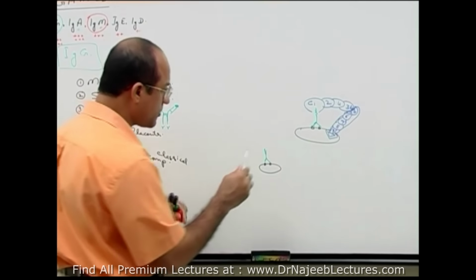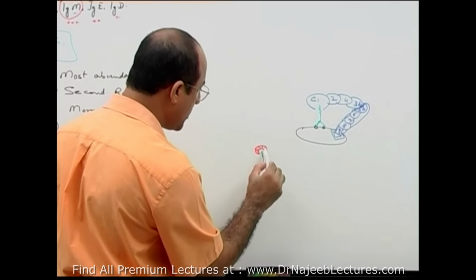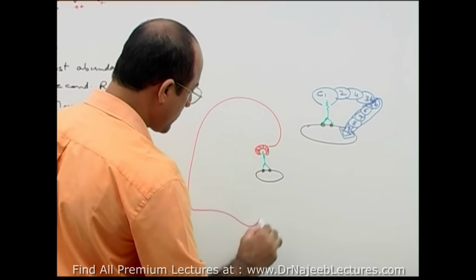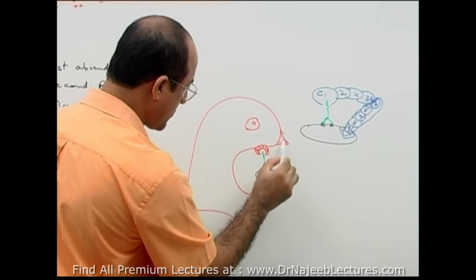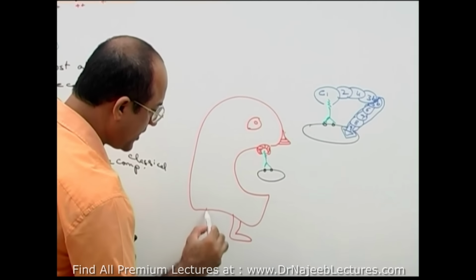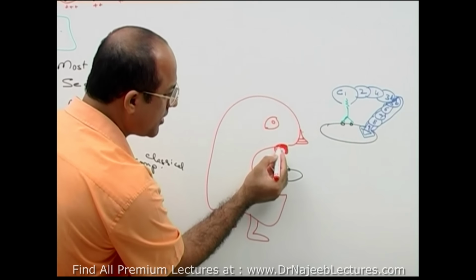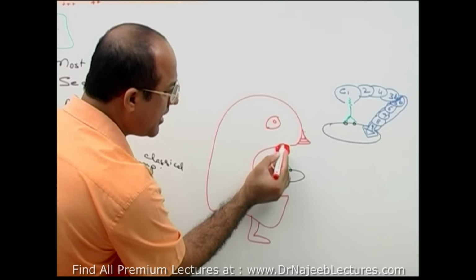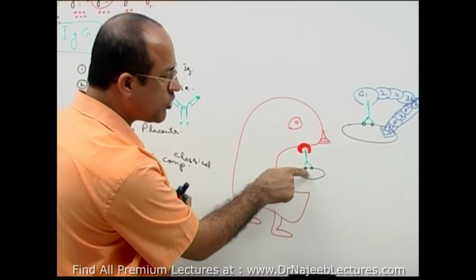So if this is a neutrophil, then the neutrophil will have a receptor for the active portion of IgG. This is a neutrophil, and it has this specific receptor, and this receptor could bind with the active portion of IgG. So IgG on one side is holding the bacteria.